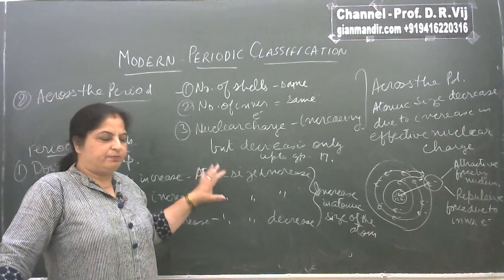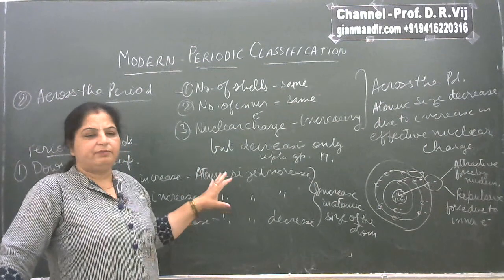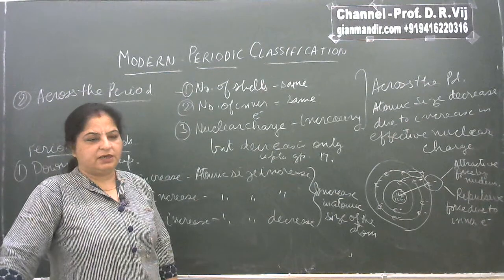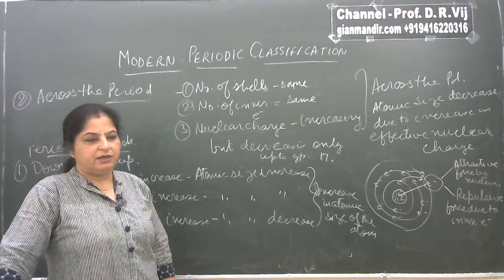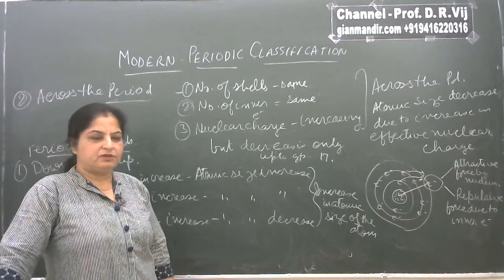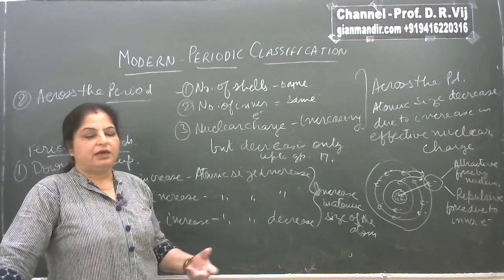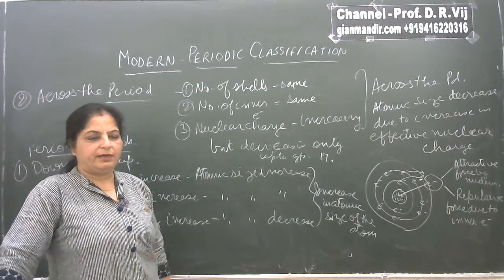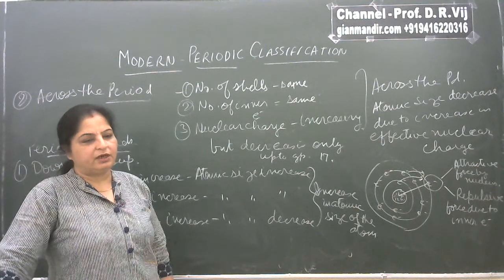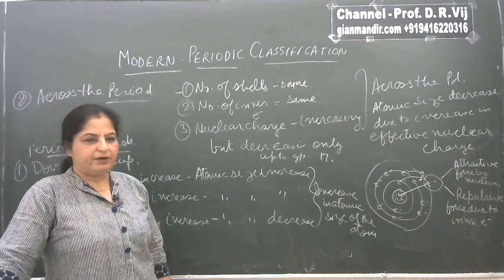So if you keep in mind very clearly the periodic trends about atomic size, you will be able to understand the trends in other periodic properties also, like I told you, metallic and non-metallic character, electropositive and electronegative character, and so on, right?